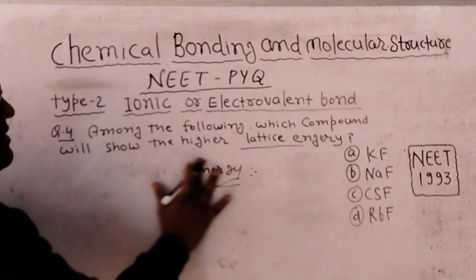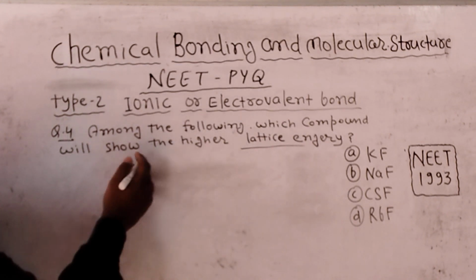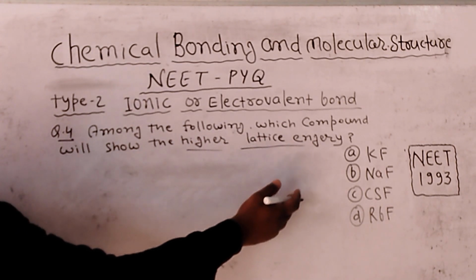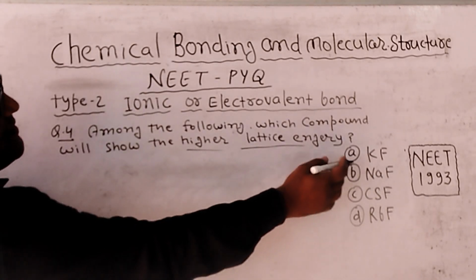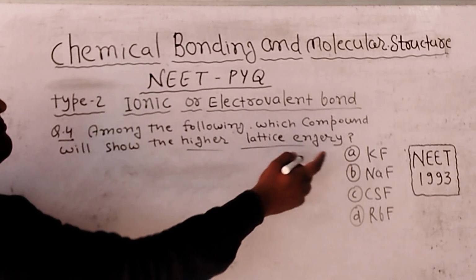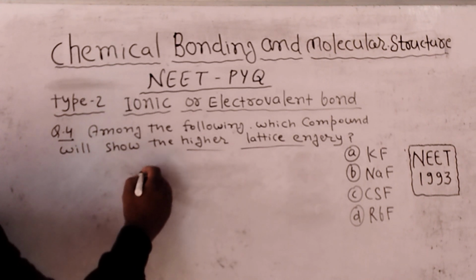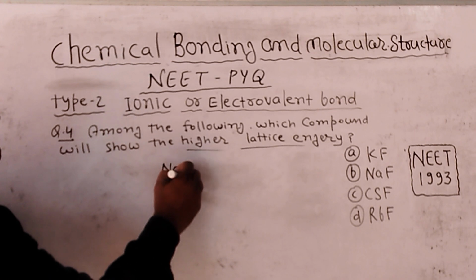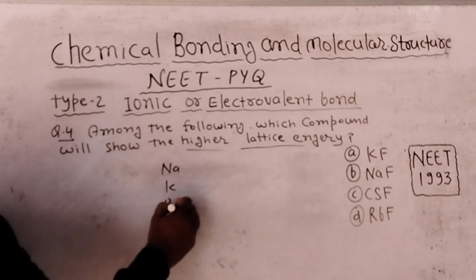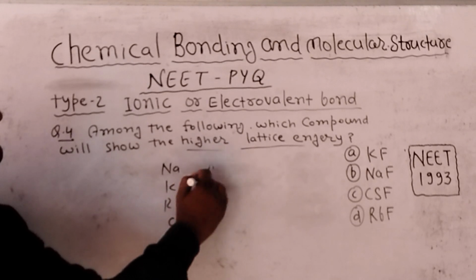And in these compounds, we can select the higher lattice energy. The radius of the anion is the same, fluorine, but the cations in all are sodium, potassium, rubidium, cesium fluoride.